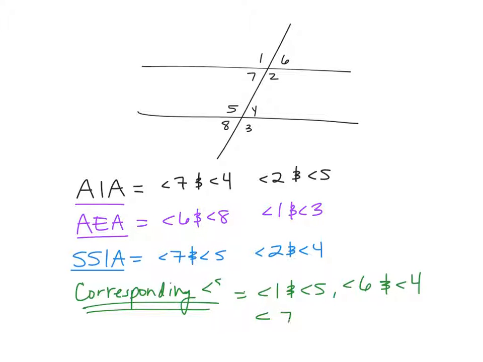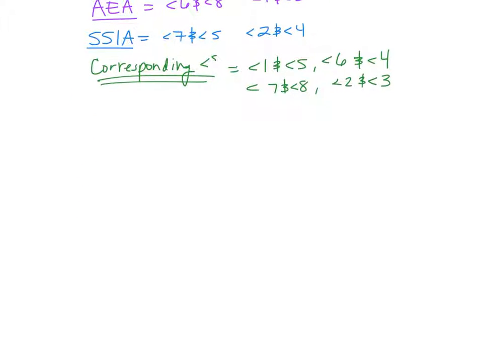Oops. 7 and 8. And 2 and 3. Okay. Just keep in mind, corresponding is all about the vertices. So this is top left here with top left here. Okay. Yeah, and we'll go into more of those.